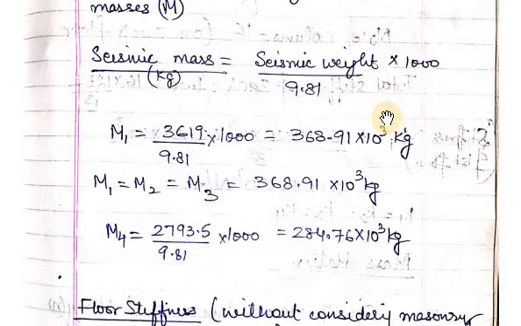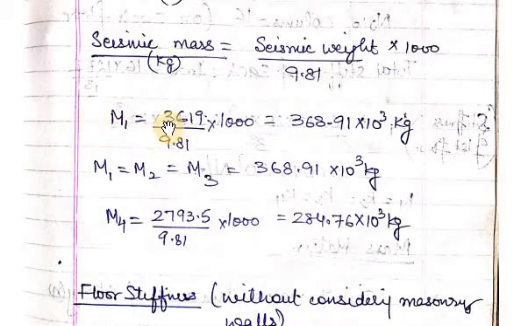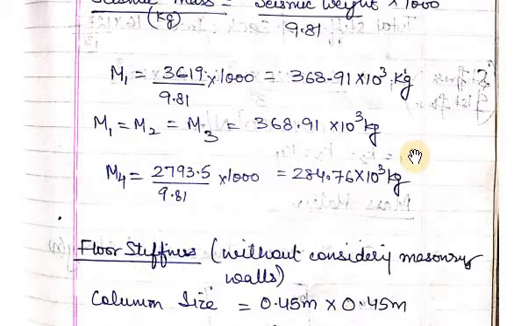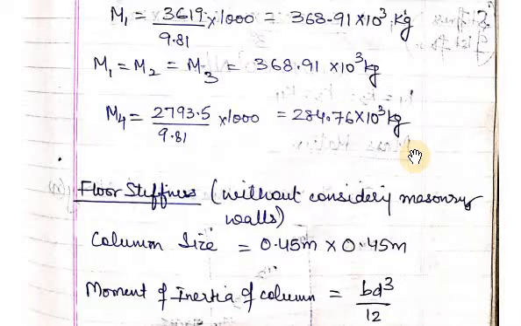If I do this for M1, 3619 by 9.81 into 1000, it will give a value of 368.91 into 10 raised to power 3. That means the value of M1, M2, M3 is this, and the value of M4 is 284.76 into 10 raised to power 3 kg.